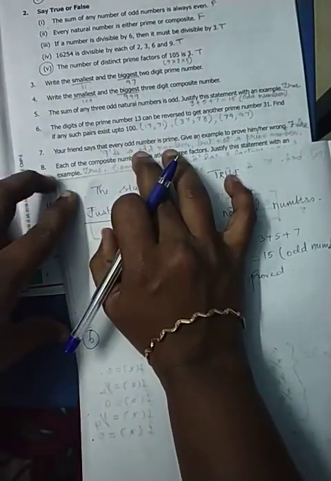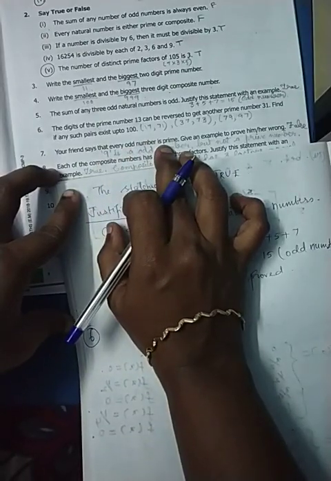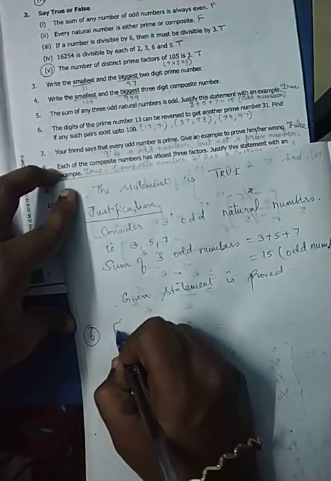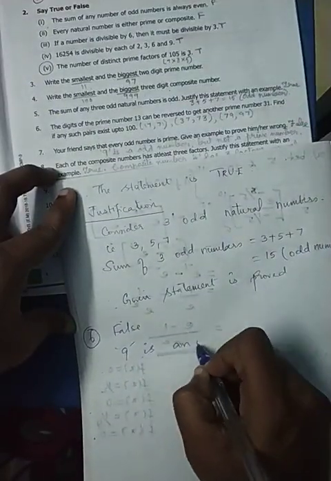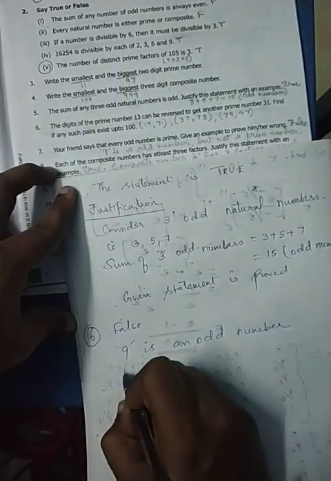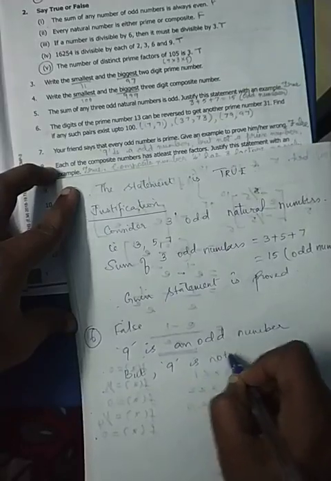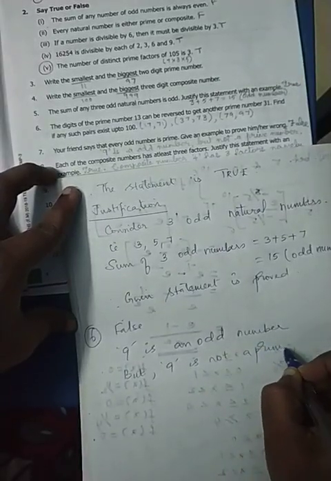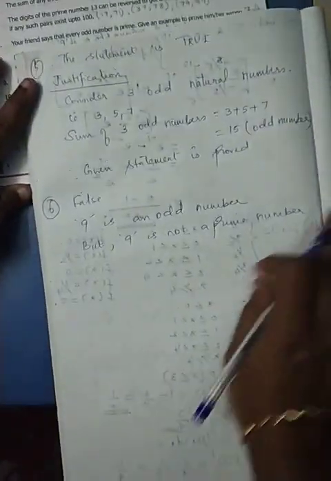Your friend says that every odd number is a prime. No, this is false. Why? 9 is an odd number, but 9 is not a prime number.